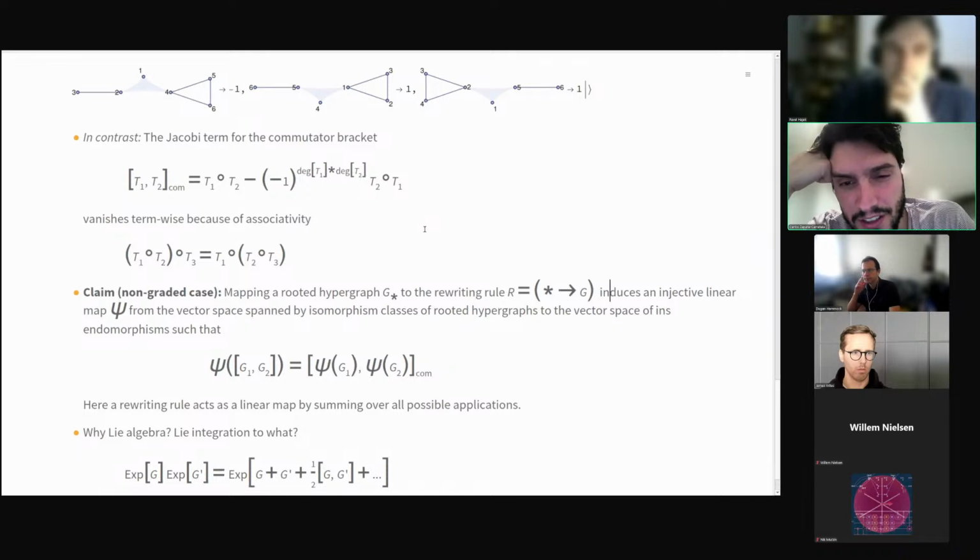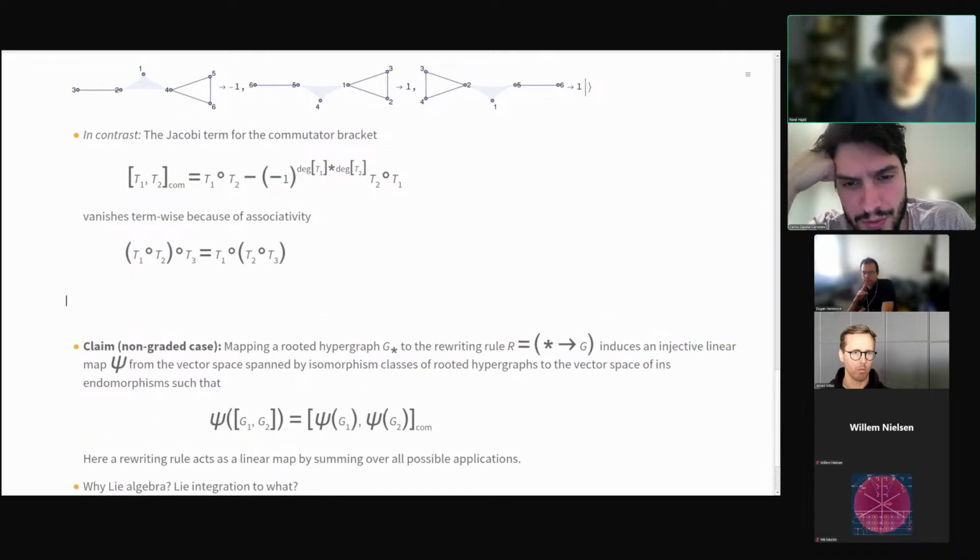I want to understand what that rewrite rule looks like. So what does the rule do? It's also on the next slides.